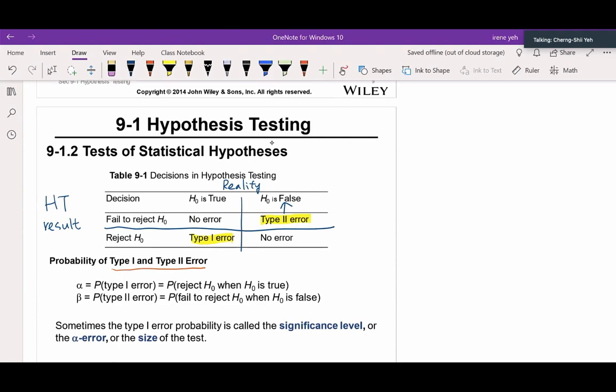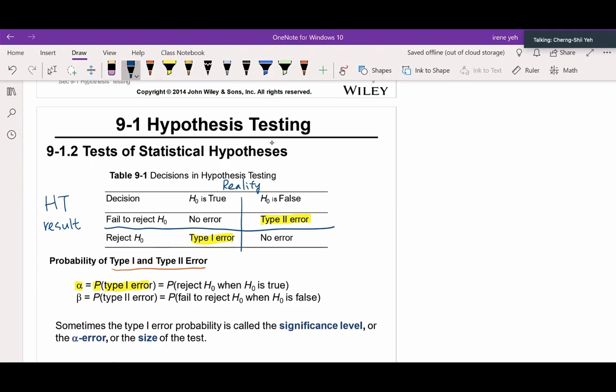So let's write down their definition right here. The probability of making a type 1 error, we'll refer to as our alpha. So alpha is a probability. What probability? Probability of making a type 1 error. How do we define type 1 error?